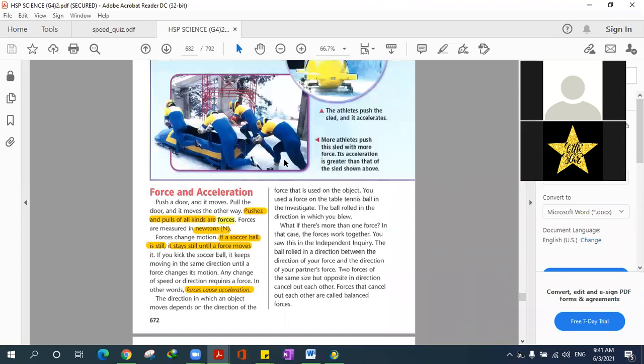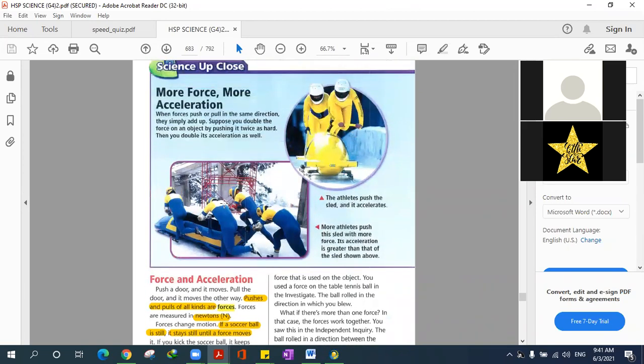Then we mentioned force, and we said that with more force, there will be more acceleration. Force actually causes this change, or causes acceleration. We said this sled with 4 people will change its speed and direction way faster than the one with 2 people.